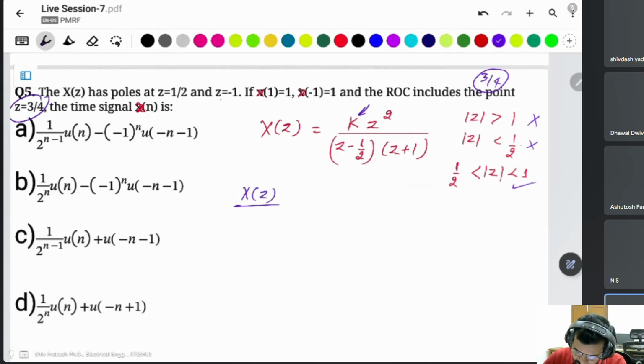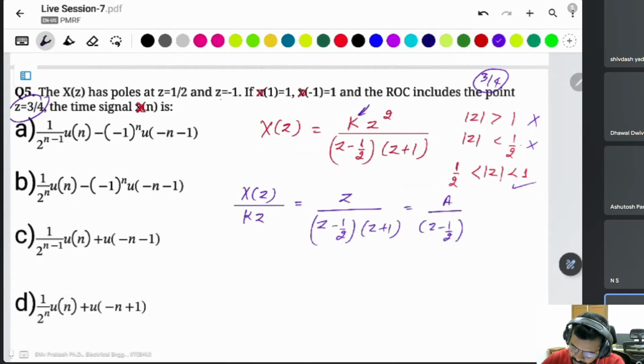xz, common here, z into k, kz, by finding the partial fraction of this one. This will be z divided by z minus half, z plus 1, which will be written as a divided by z minus half, plus b divided by z plus 1.